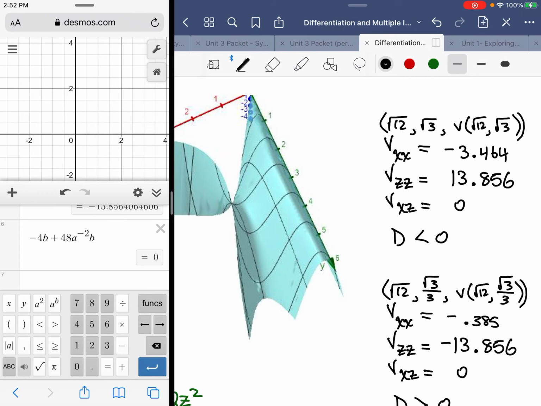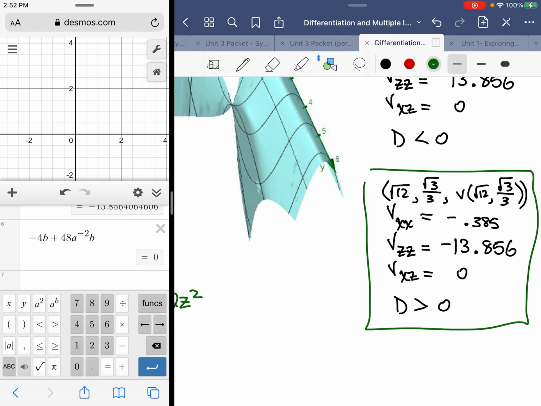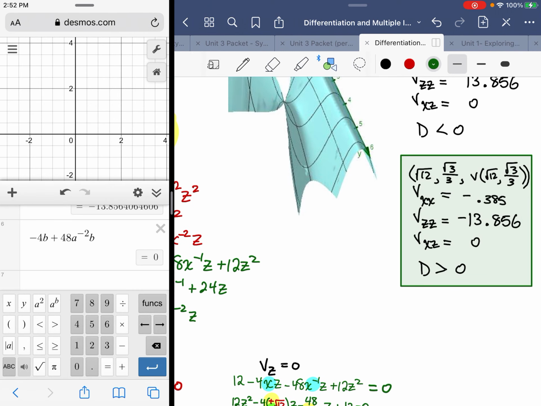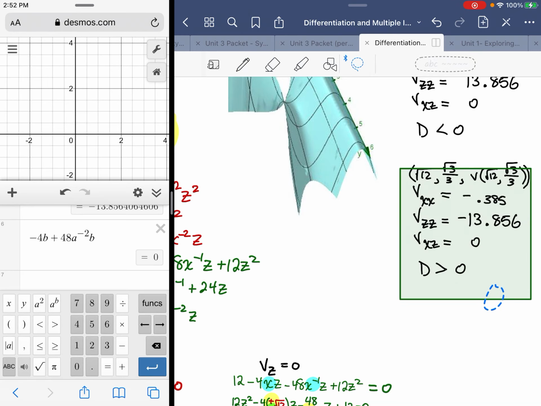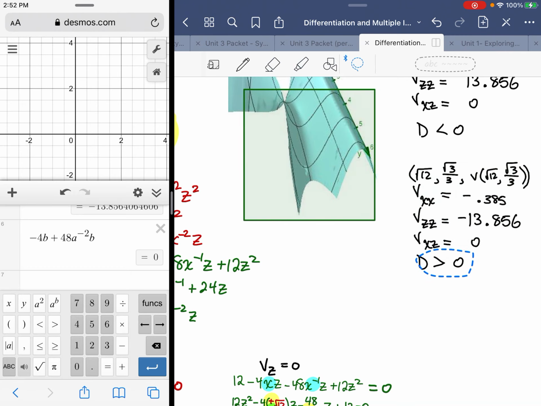All right. So that's something. Now, it looks like this guy is going to be the winner. It's just a question of what does that tell us? So we have a negative second order partial with respect to x. So v sub x x, and I can actually chuck that in here.